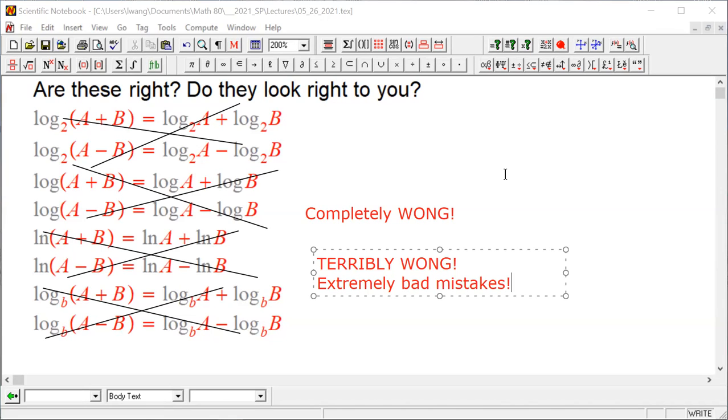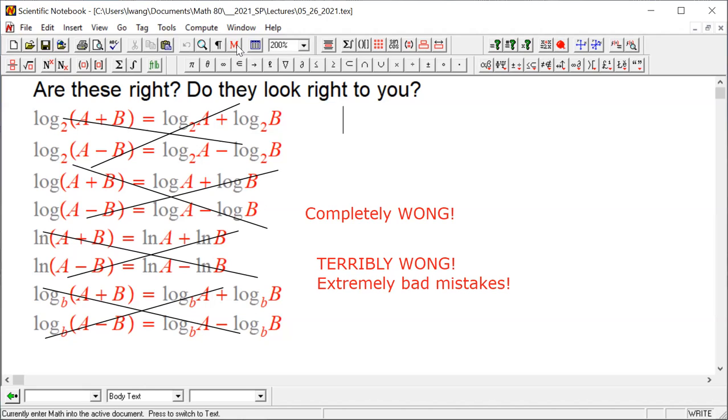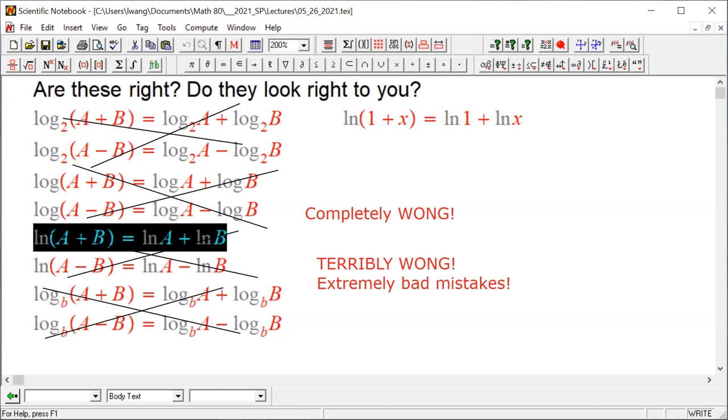People will continue to see these mistakes. So since you have that page, let's get that page filled. Some student in the calculus class sees ln of 1 plus x, and they will say, hey, that equals ln 1 plus ln x. You can see that's another version of this mistake, isn't it?